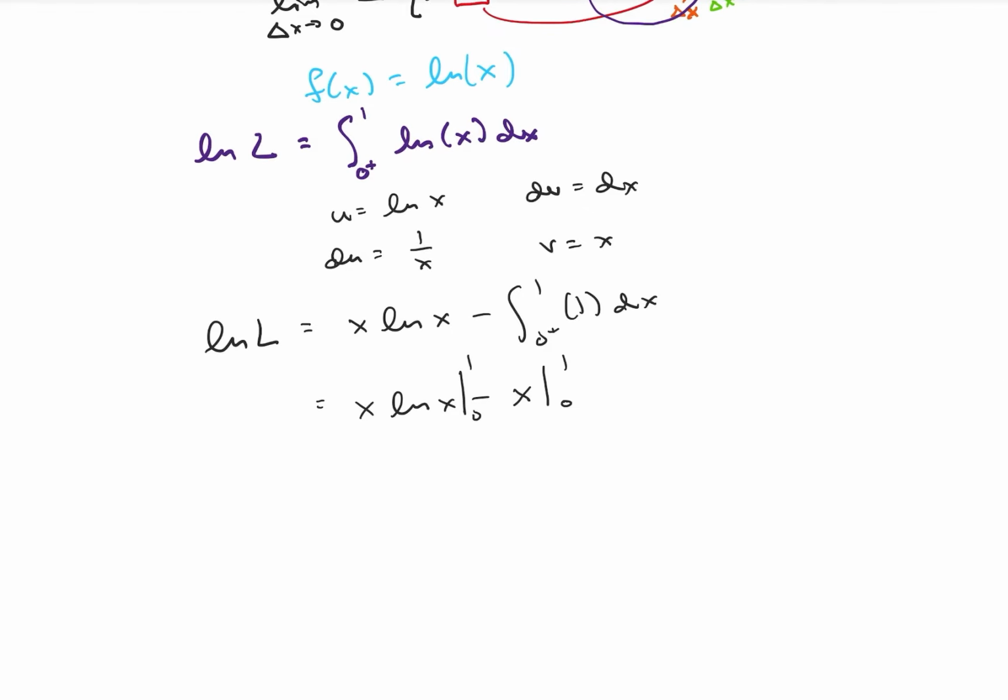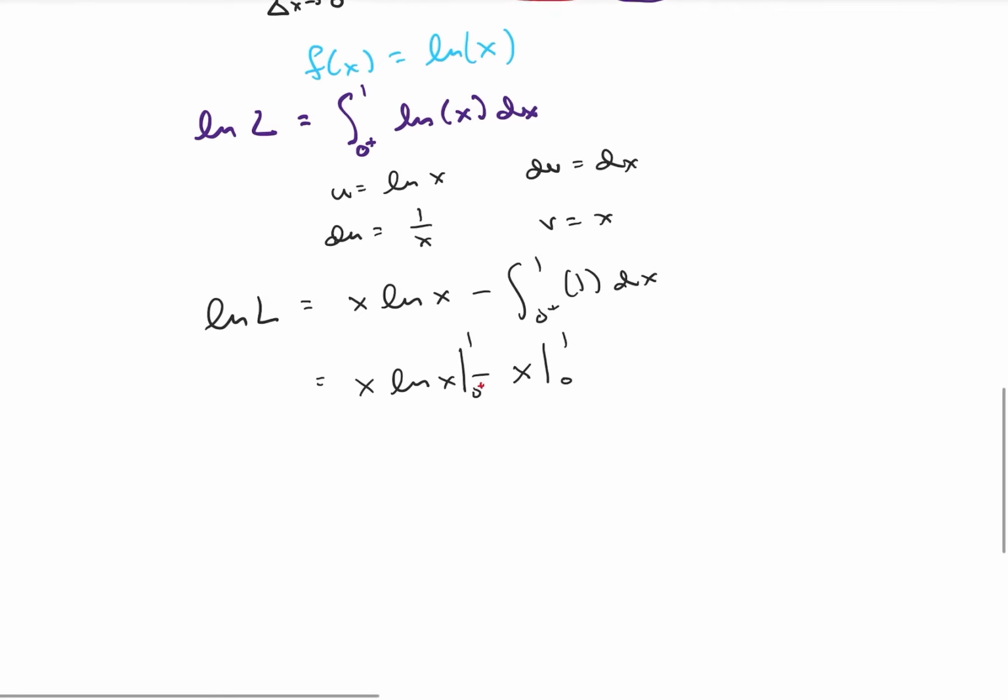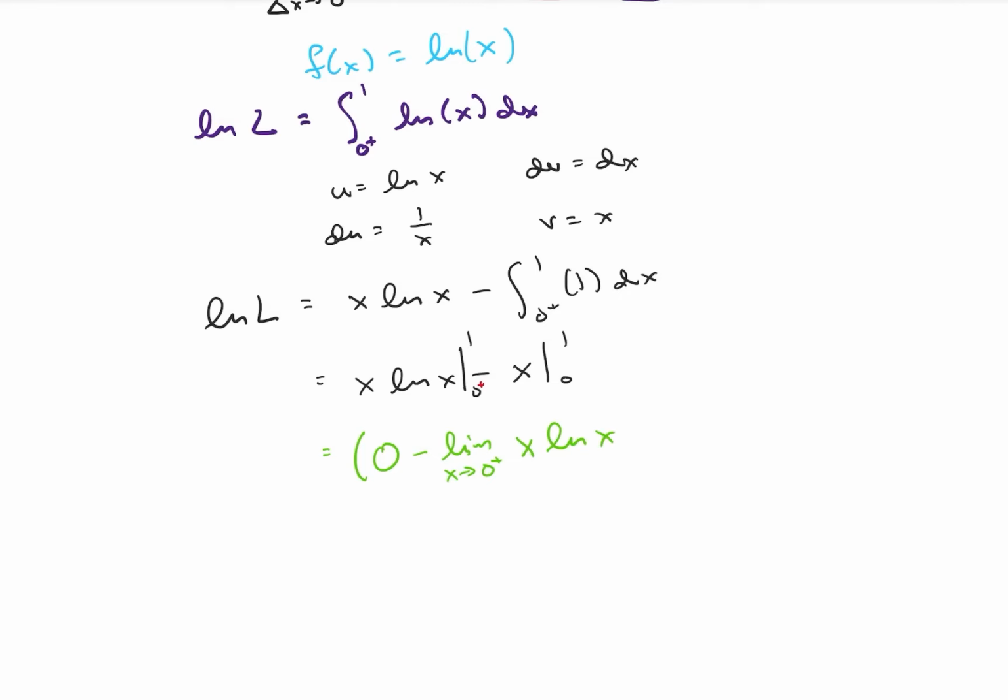So remember this is 0 from the positive side, so ln of 1 is just 0, so this is going to equal 0 minus the limit as x approaches 0 from the right of x ln of x, and this is going to be minus 1, because this whole thing evaluates to just the number 1.